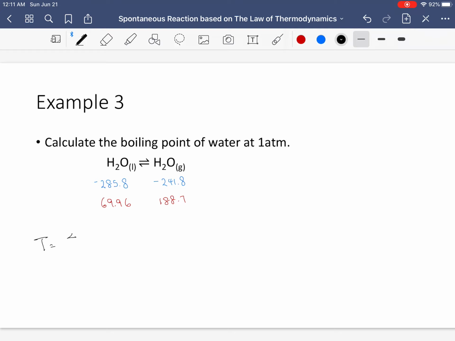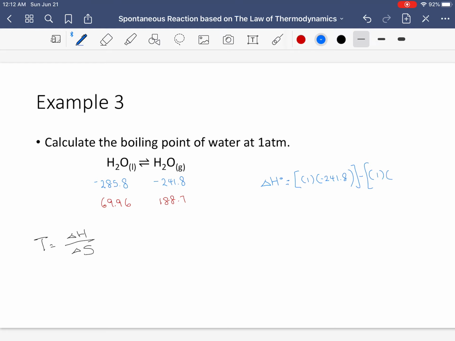All right. Okay. So, hey, let's find T. So T is equal to delta H over delta S. So let's find delta H. Delta H, okay, by looking at everything else, is really just 1 mole times negative 241.8. As you can see, I'm not even writing units anymore because I'm so confident.